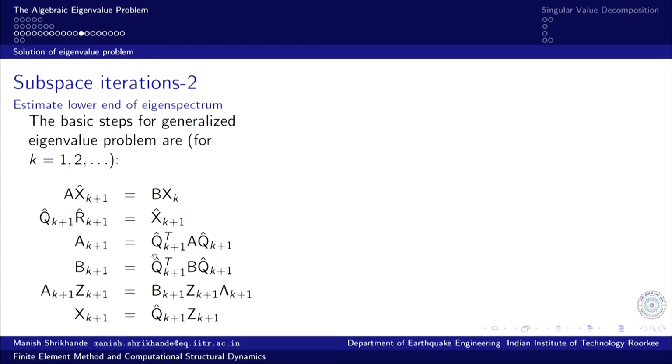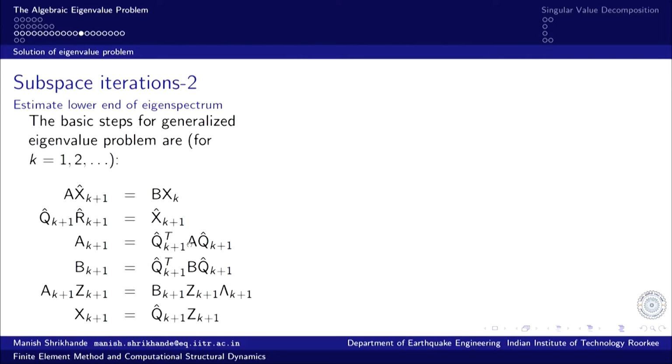Now, you look at it, these A k plus 1 and B k plus 1 are in general smaller in size than A and B, because these are incomplete factorizations. While A and B are matrices of size n by n, A k plus 1 and B k plus 1 would be matrices of size p by p, which is generally very small compared to n by n. Then this small eigenvalue problem is solved by a suitable technique, whichever technique we may adopt.